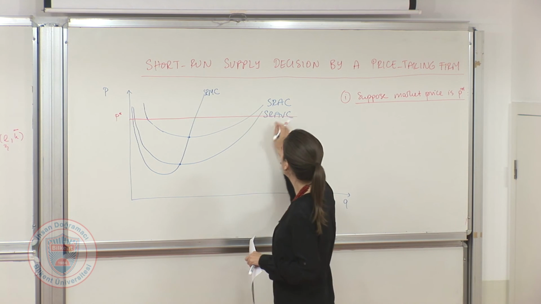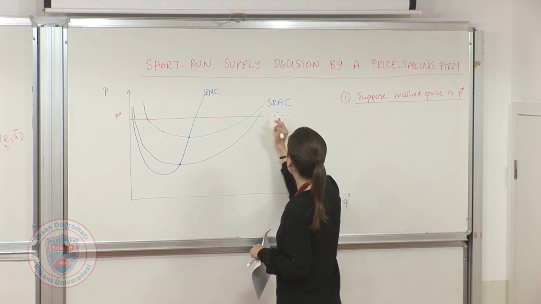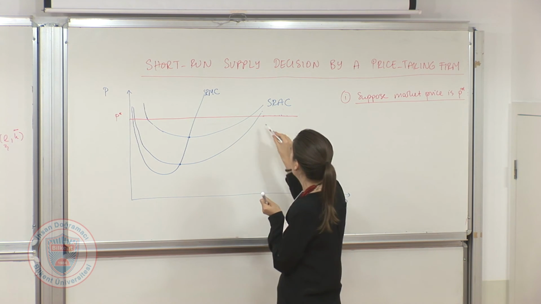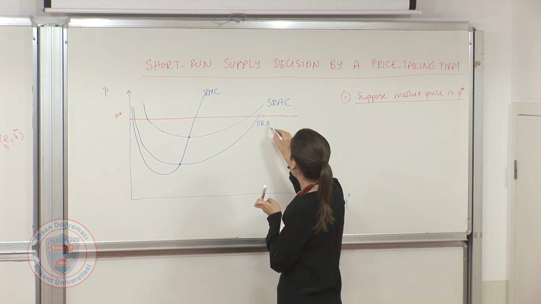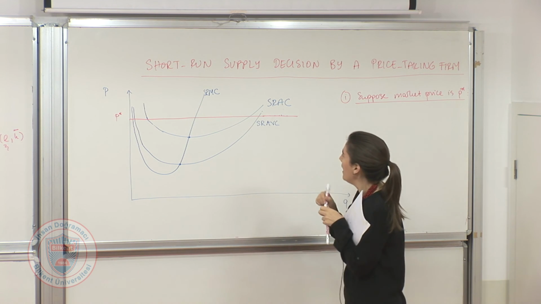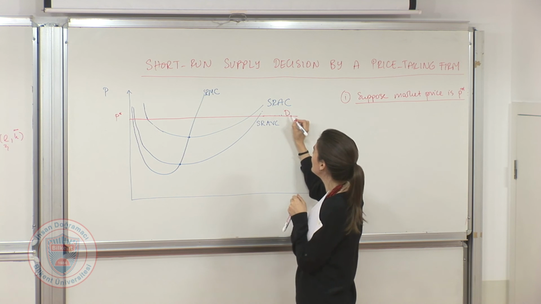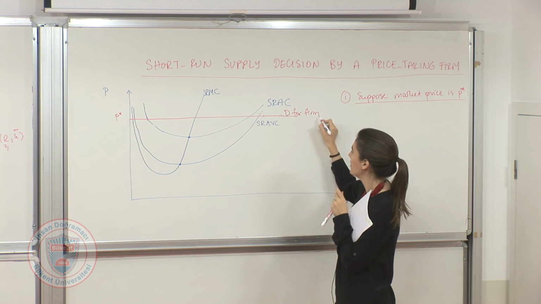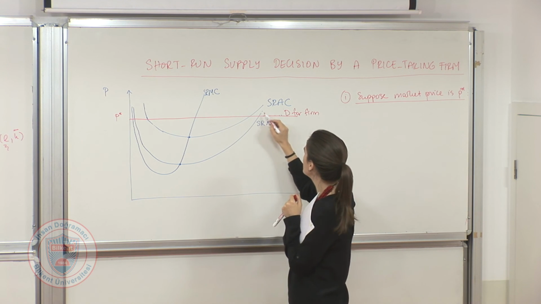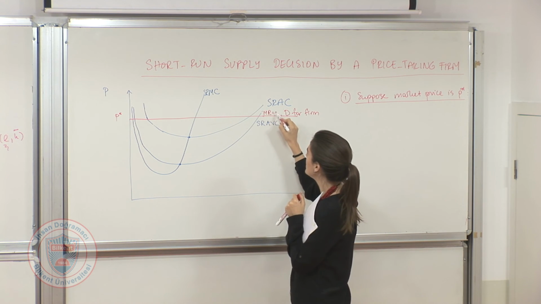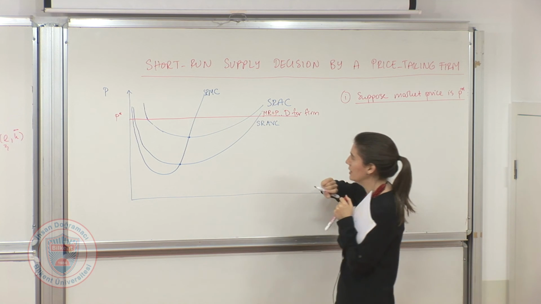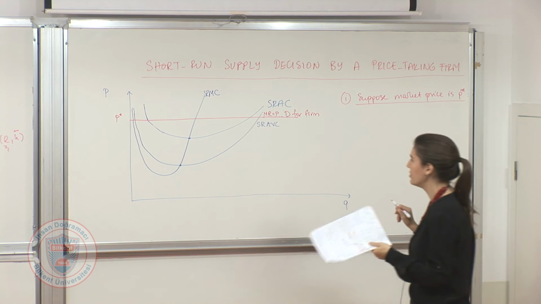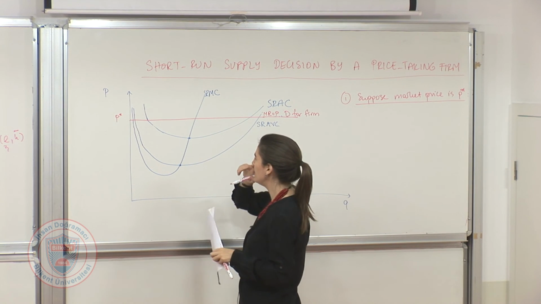This is the short run average cost. This one is the short run average variable cost, okay? And here we know that this is the demand that this firm faces, but at the same time, this is marginal revenue. This is equal to price, equal to average revenue, okay?